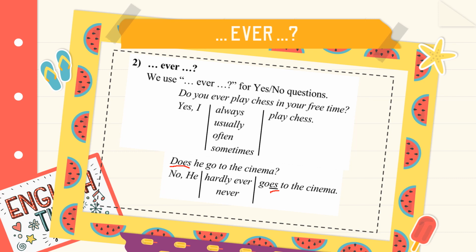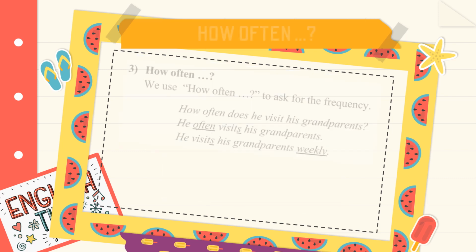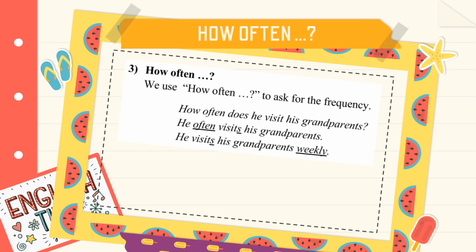Okay, grade 5. How often? We use how often to ask for the frequency. Okay. How often does he visit his grandparents? And in the answer you can use non-specific adverbs of frequency or specific adverbs of frequency.